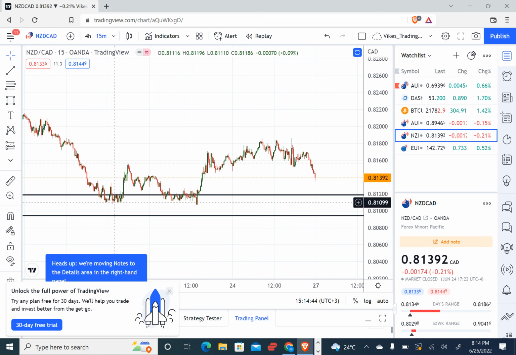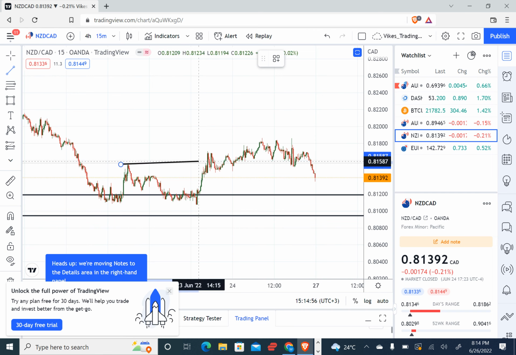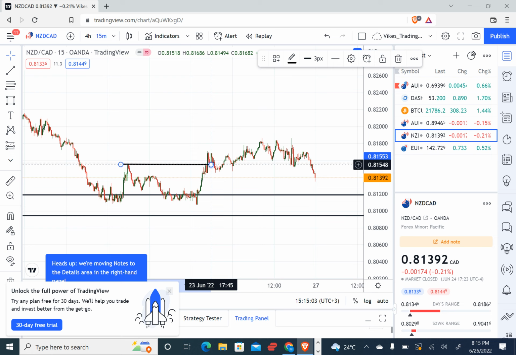You can see these are a swing low, swing high, swing low, which is almost equal, swing low, then break of structure. Break of structure to the upside.